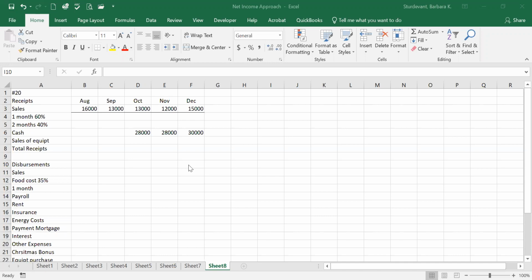All right, so let me get going here. Okay, so this was number 20. And again, cash budgets are all about how well you follow directions. With the kind that we're doing with this one, credit sales were account receivable type sales. So we don't care when we make those sales, we care when they convert those sales to cash.